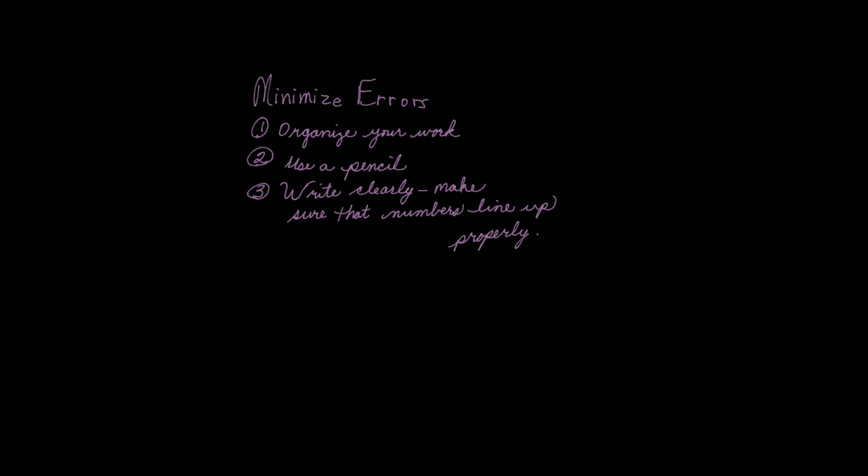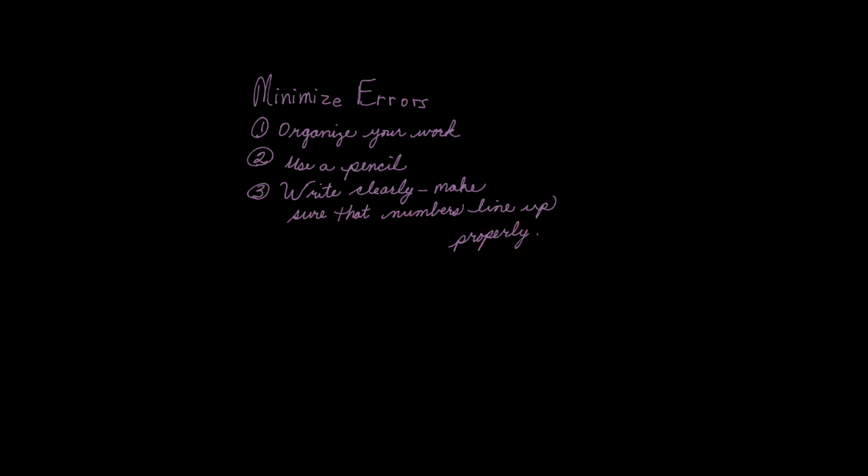If you're going to do them right on the page, that's fine, but again, keep in mind it's important to be clear, otherwise it'd be easy for you to make some errors. Try to use a pencil so that when you do see you have an error, you can fix it without crossing it out. If you have a pen, it makes it not easy to read later. And then writing clearly and making sure that numbers line up.